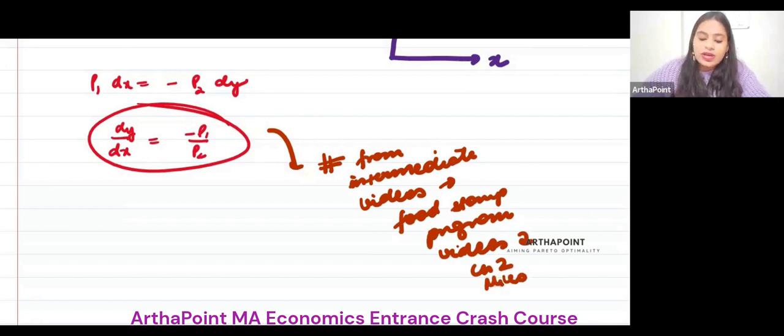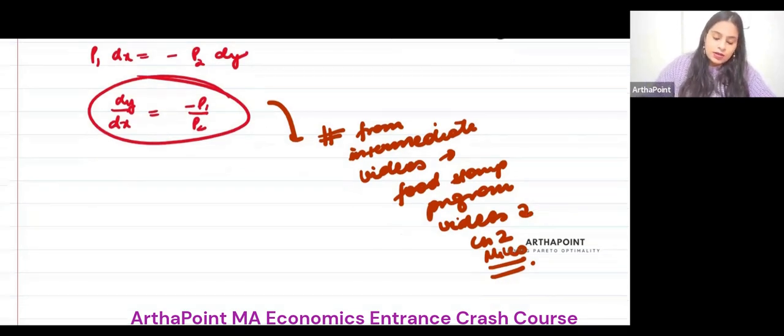So when you go to the intermediate lecture videos, chapter 2, there you will find a food stamp program video. It talks about the kinked budget line concept. You have to go through that concept also.